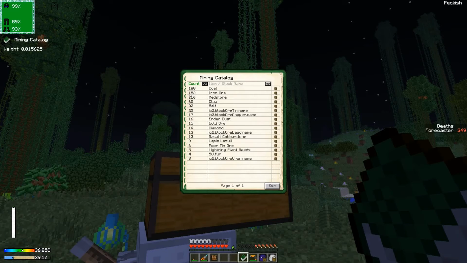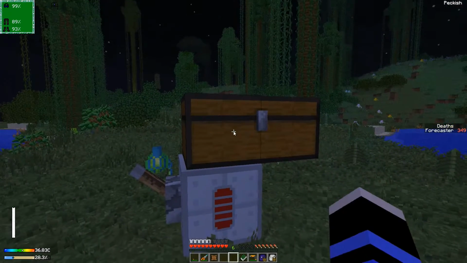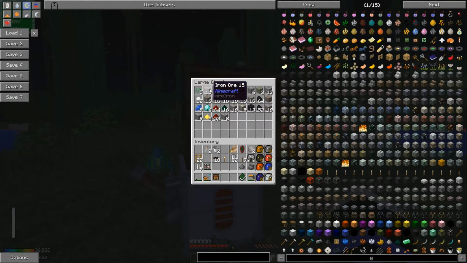And we'll see that I got 152 blocks of iron ore from this operation and 116 redstone, which is very nice, plus some other stuff, 14 diamonds, 15 gold ore, some ender dust, a little bit of lapis, some poor tin ore. So I must have struck an iron vein, which was extremely lucky. Very, very lucky.